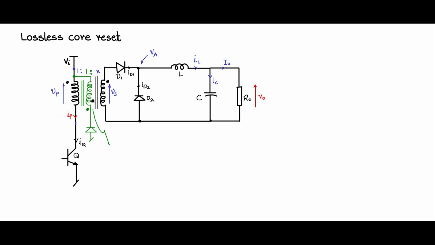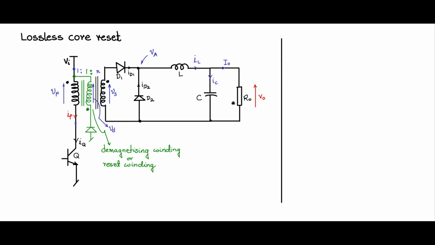So this winding is normally termed in literature as the demagnetizing winding or simply the reset winding because of the job that it does. Now just like you are measuring the voltage Vp here in this fashion, Vs here in this fashion, I will measure the voltage across the demagnetizing winding and let me call that one Vd.